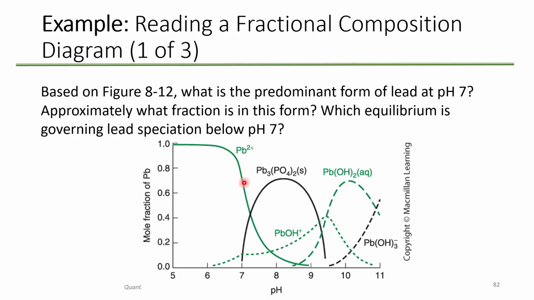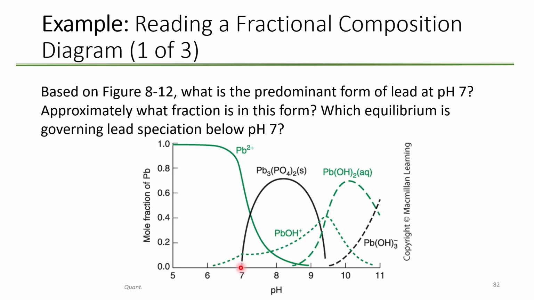What's going to be the equilibrium that governs that? It's like a fractional 0.7. Yeah, it's going to be the ones involved in your fractional. So the equilibrium that governs that lead speciation below your pH 7.